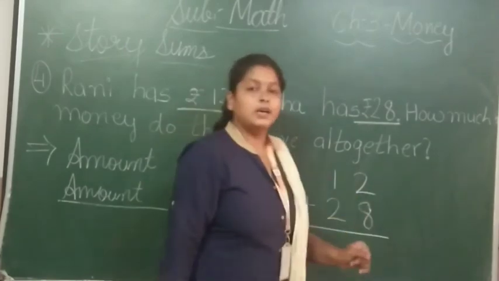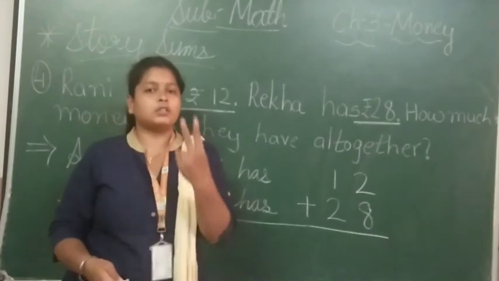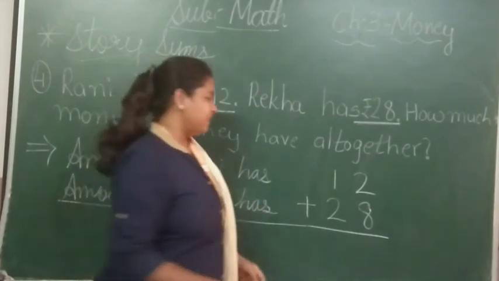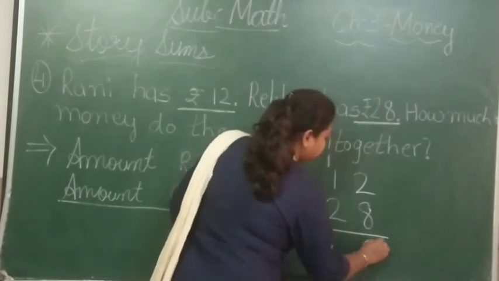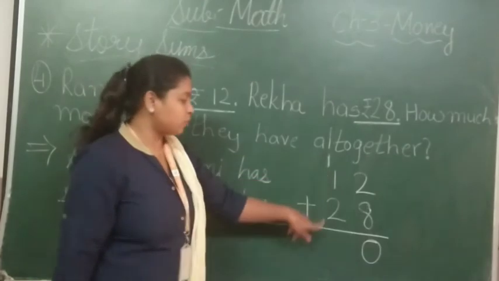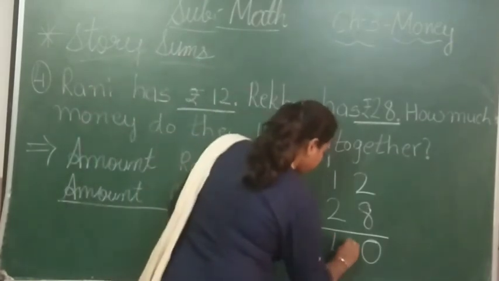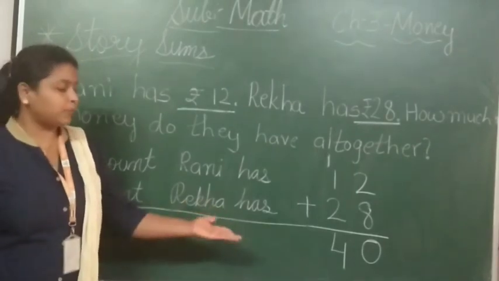2 plus 8. As we learned in addition, 8 in your mind and the 2 on your finger. That means 9 and 10. So 10. 1 we will put at the top of this number and we will write 0 over here. Now 1 plus 1, 2 and 2 plus 2, 4. So what is the amount they have together? Rupees 40.